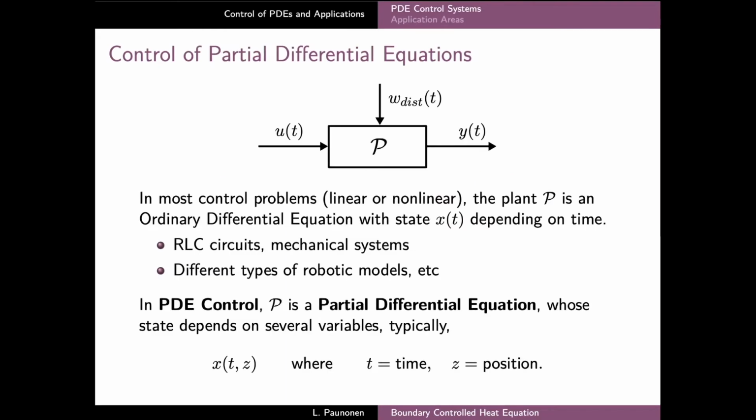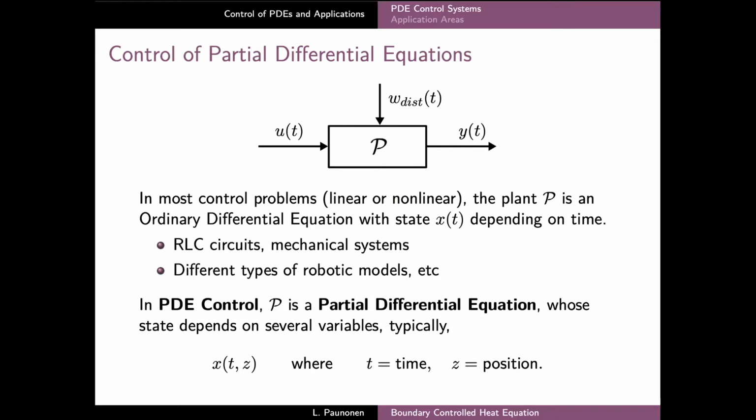In general, in control theory and systems theory, we are interested in control of a system P with some dedicated control inputs U, some measured outputs Y, and possible external disturbance input signals.